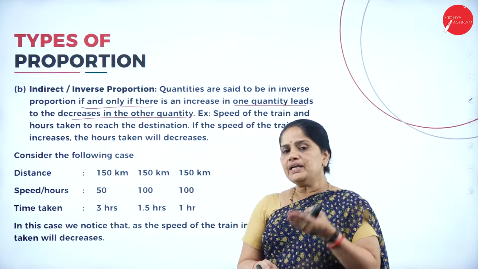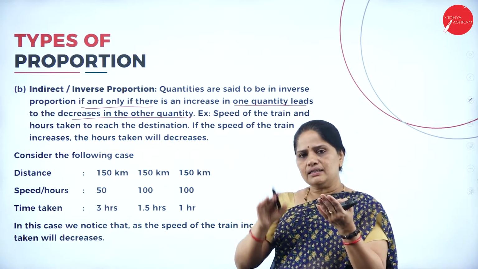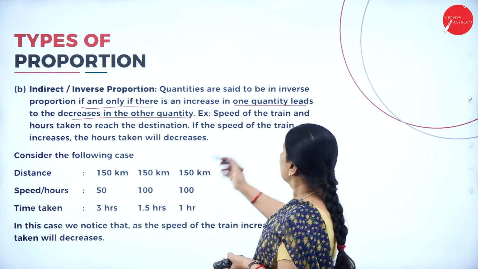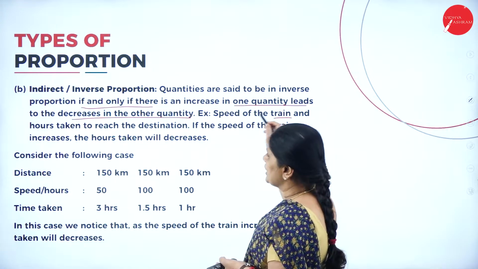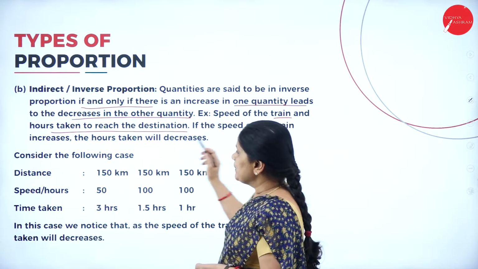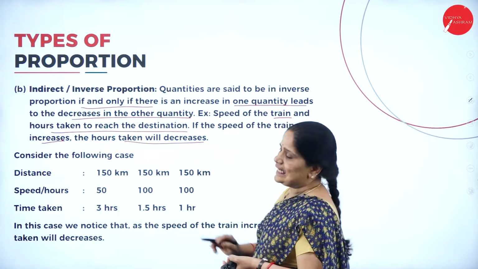For example, if the supply increases, then the price falls. So, they are inversely proportional. Another example is the speed of the train and the hours taken to reach the destination. If the speed of the train increases, the hours taken will decrease.